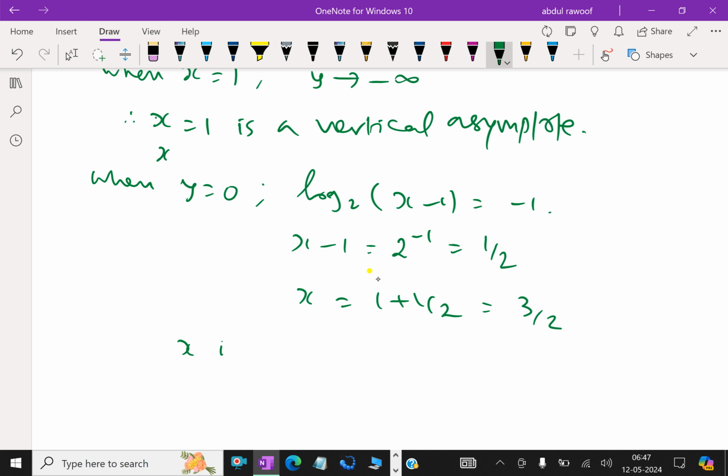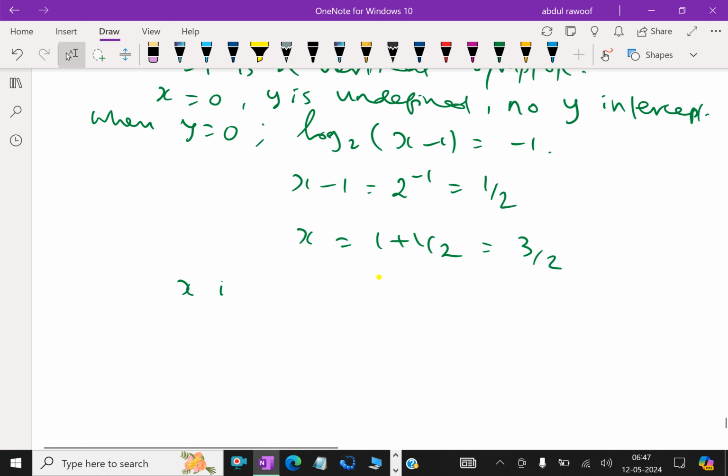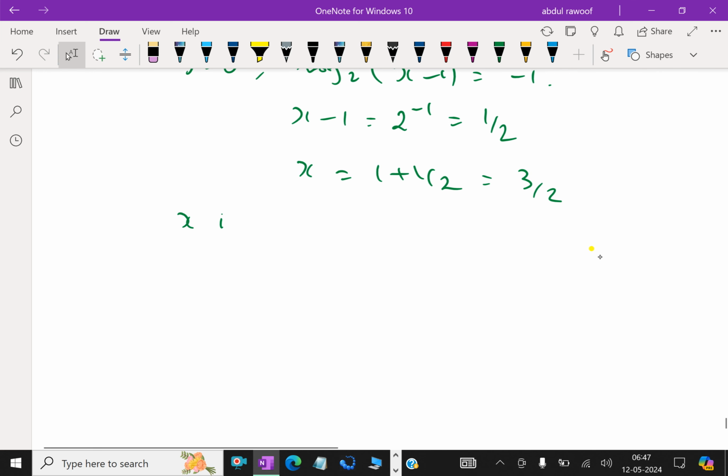When x equals 0, here y is undefined. That means no y-intercept. Therefore x-intercept is 1.5.